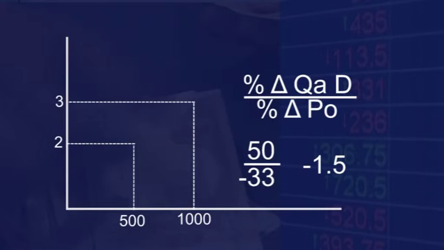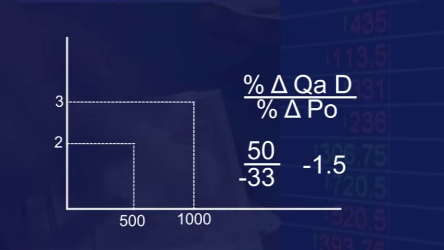We had a fall in the price of oranges of a third, 33%. And it caused a change in the quantity of apples demanded of 50%. So we have a 50% change in the quantity of apples demanded for a 33% fall in the price of oranges. So what's the cross elasticity of demand?